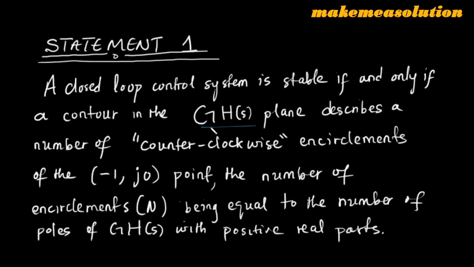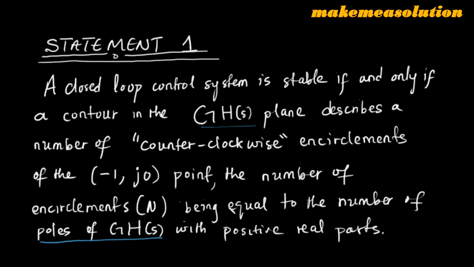So if that contour encircles this point in a counterclockwise direction, we are going to count the number of counterclockwise encirclements and call it N. After counting the number of counterclockwise encirclements, we are going to count the number of poles of this function that have positive real parts.